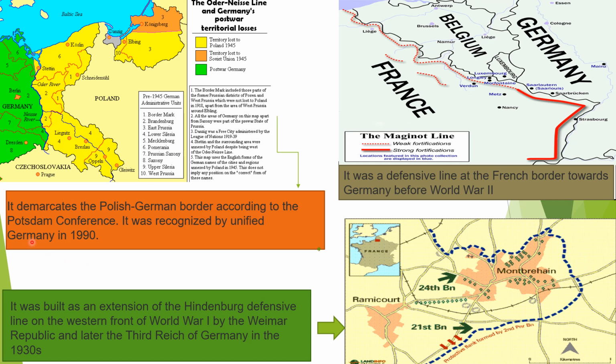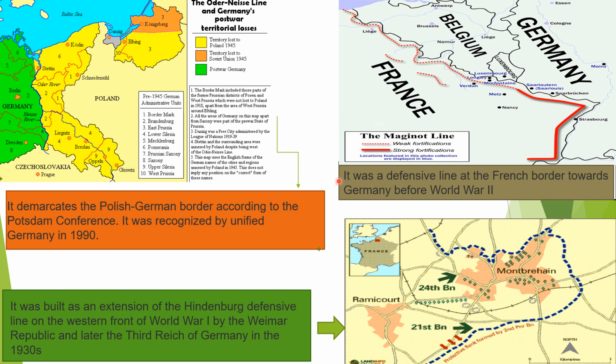According to the Potsdam Conference, it was recognized by unified Germany in 1990. So between Poland and Germany, we call it the Oder-Neisse Line.